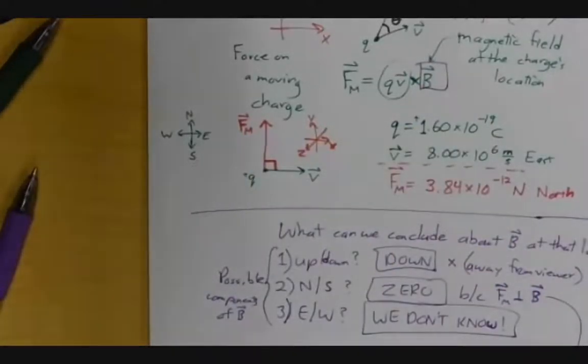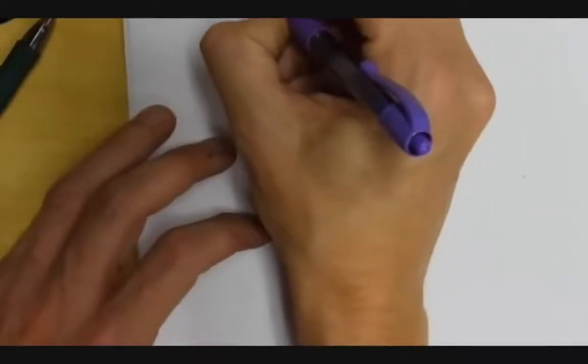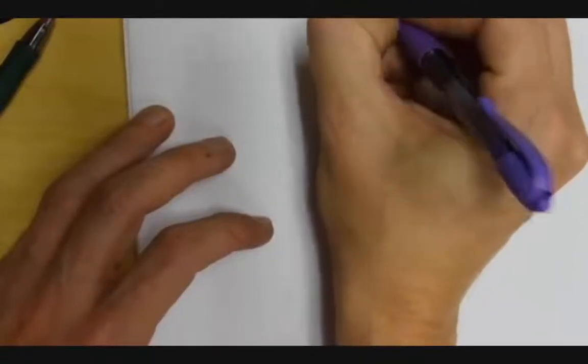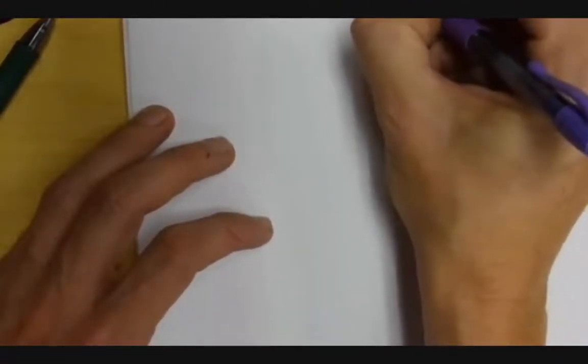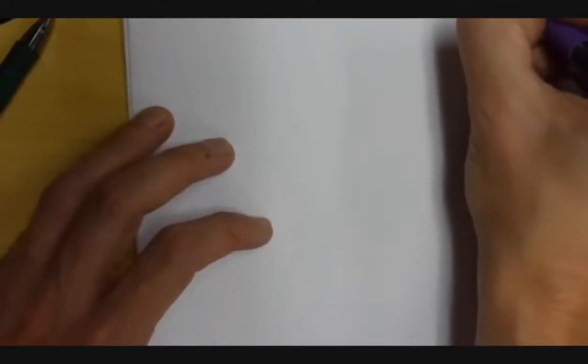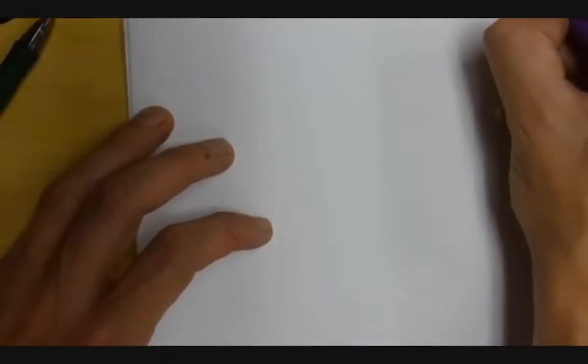So I'm going to go through that scenario, but I'm going to change the 3D view to help us out a little bit here. So what about a charged particle moving in a really nice magnetic field, in a uniform magnetic field?